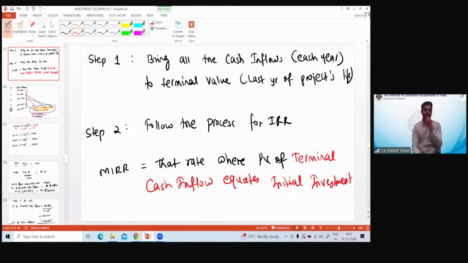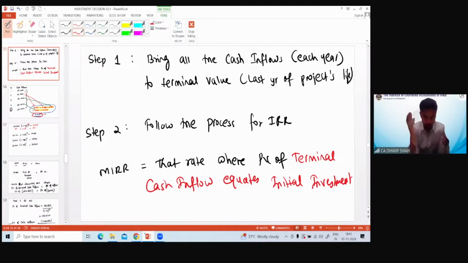Step 1 of MIRR, bringing all the cash inflows to the terminal point. The terminal point is the last year of the project's life. Once that is done, you need to understand that you have brought all the cash inflows and created a pool of cash inflows, and there would be only one cash inflow at the end of the project's life.